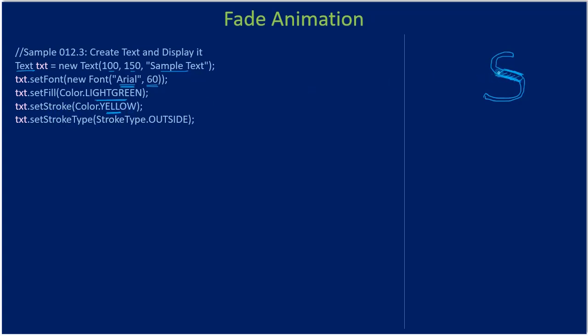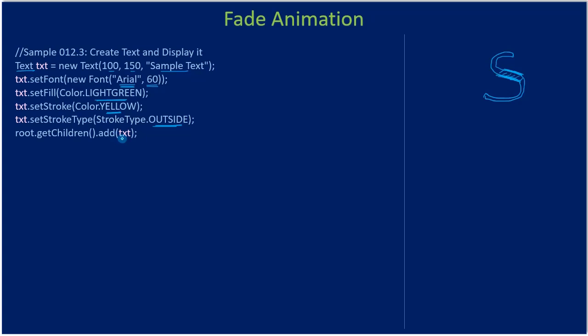So this is green, the inner fill, and the outer will be in yellow, and the stroke type is outside. So you can try this with different stroke types. Here we are just telling the stroke type as outside. So if this is the shape, the stroke will be outside the shape, or outside the line outline.